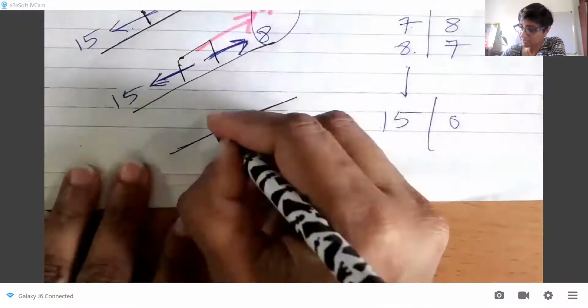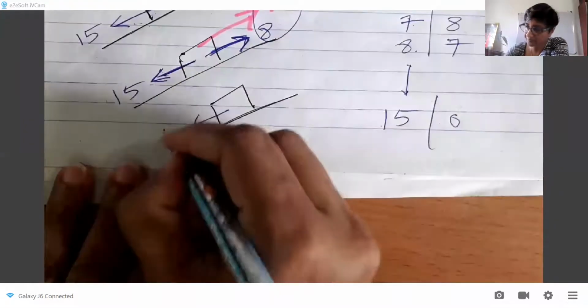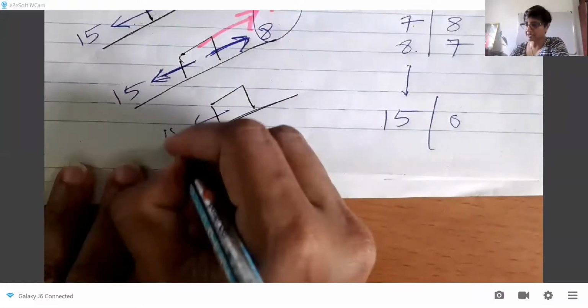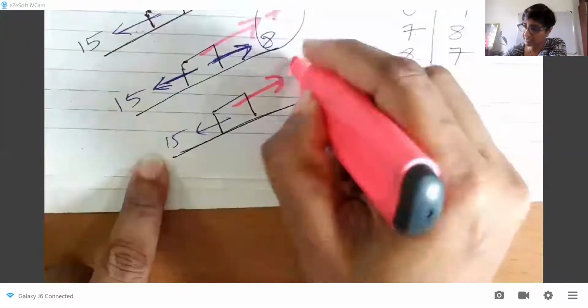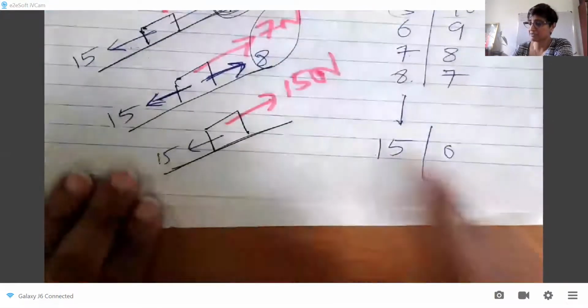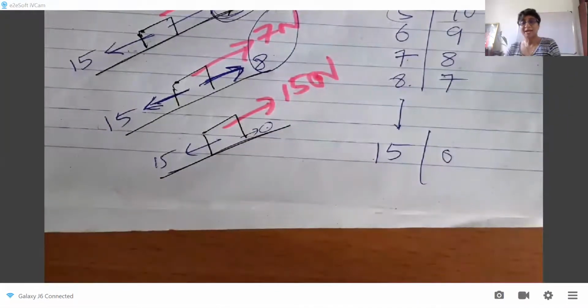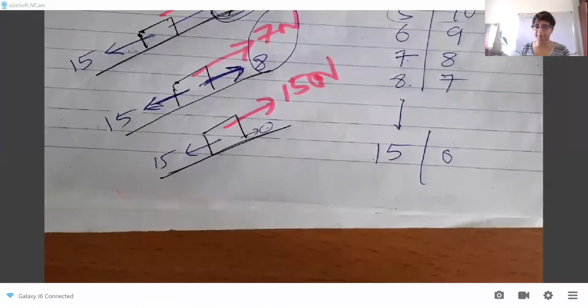If I go all the way up to 15, I am giving 15. Then there is no friction, because my 15 itself balances this, so friction is 0. If I go ahead one more step and make it 16, what will happen?